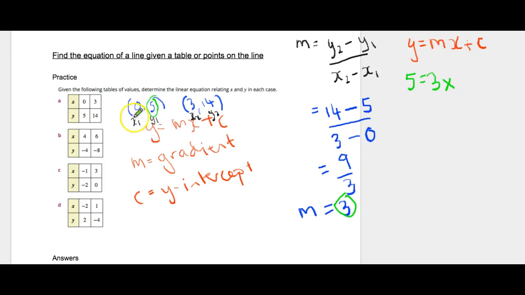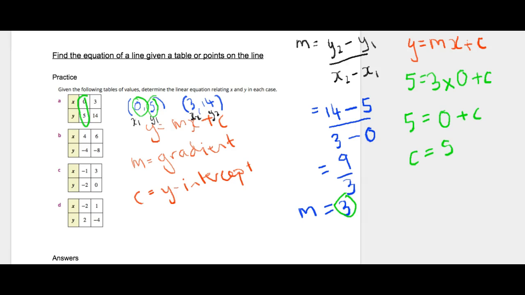And x on this set of points is 0, plus c. The purpose of doing this is to find the value of c, which is your y-intercept. 3 times 0 is 0 plus c. Therefore, c is equal to 5, like I said before. So you didn't need to do that because the table says x equals 0, y equals 5. But if you're unsure, you can do it this way as well.